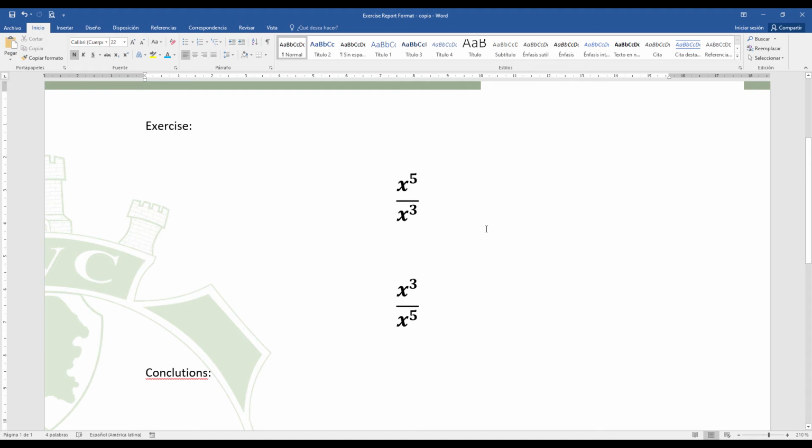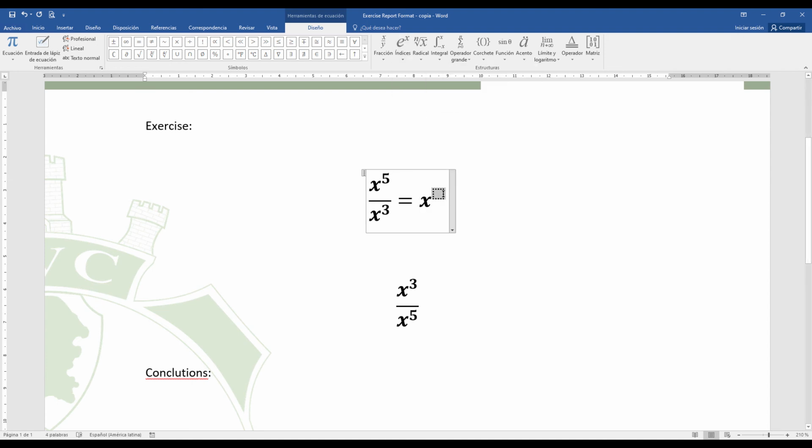If you apply the rule for these expressions, this is the result. You are dividing here, the coefficients are 1 divided by 1, it's 1, but you don't write it. Now the variables are the same variable, so you need to subtract the exponents. So the result here is x squared.